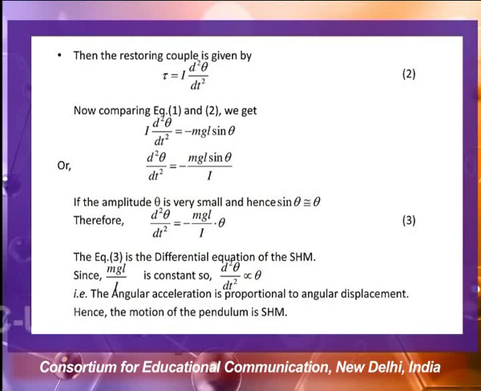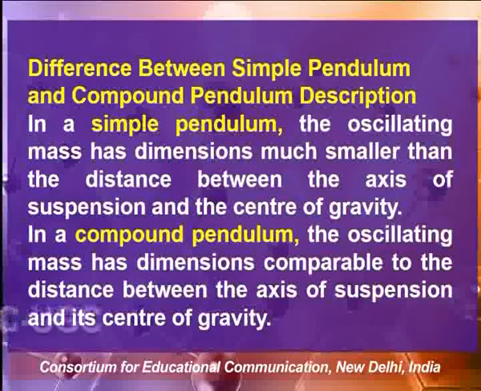Since mgl upon I is constant, d squared theta by dt squared is directly proportional to theta. So we can say that the angular acceleration is proportional to angular displacement. Hence the motion of the pendulum is simple harmonic motion.